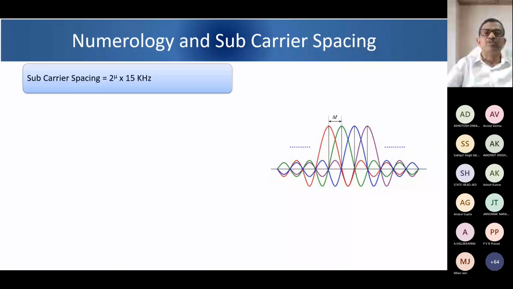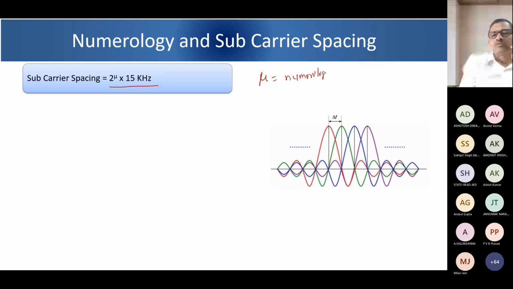Now, what is numerology? Numerology is nothing but what kind of subcarrier spacing you are using. It is 2 to the power mu into 15 kilohertz, and here mu is your numerology.